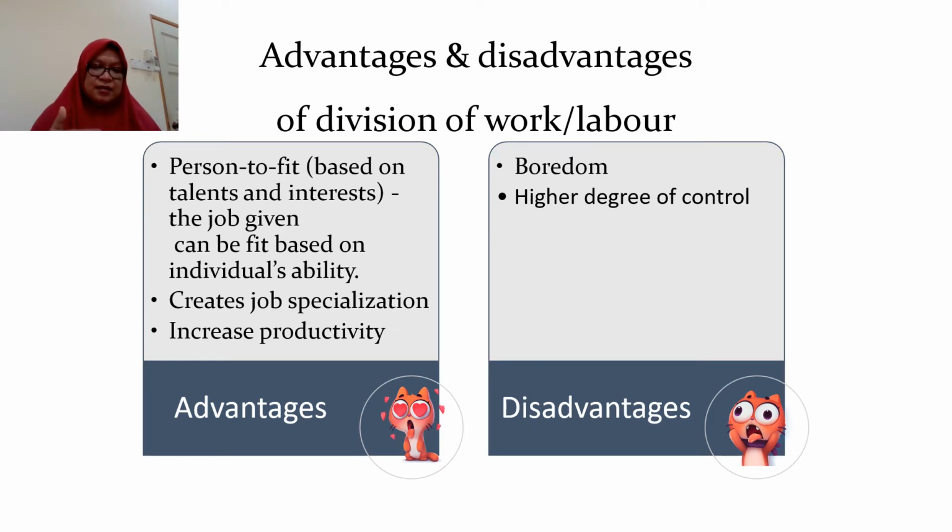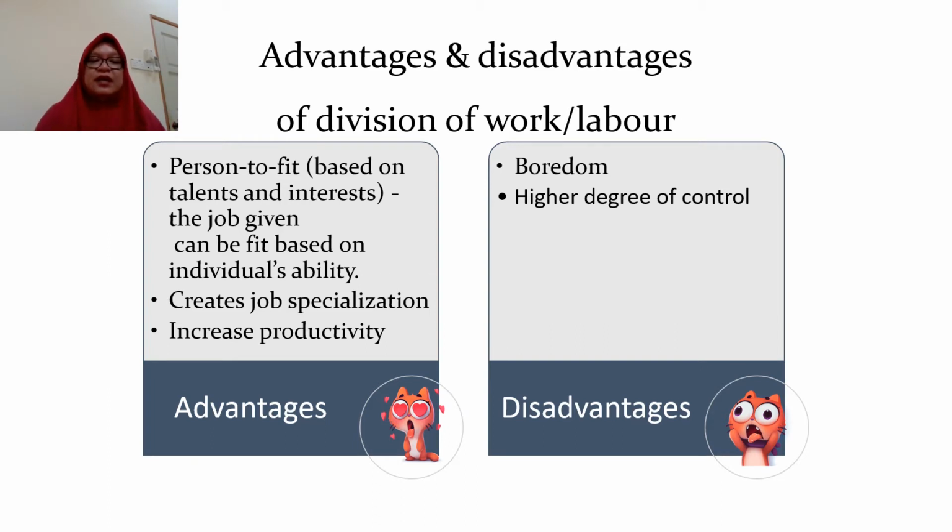Among the advantages is that the person fits based on the talents and interests for the job given, meaning the person who does the task is very fit for the position or the activity. It can create job specialization, since you are doing the task continuously, so of course you will be very expert in doing the activities or tasks.